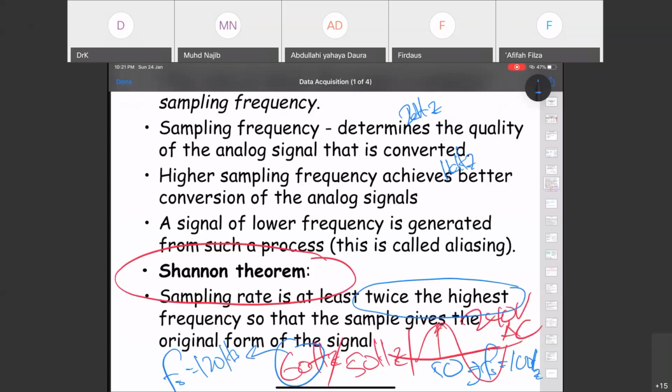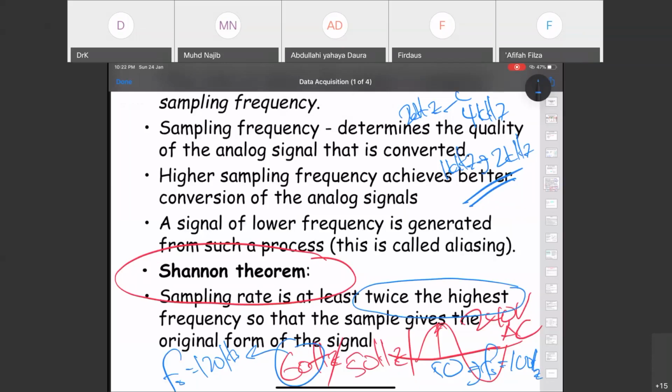So if I were to record my voice, I would choose a sampling frequency of 4 kilohertz. If I were to record the voice of Abdullahi, I will just sample at 2 kilohertz. That will be sufficient. All right. So this is how you define sampling frequency for any system in DAQ. All right. You get it, guys?